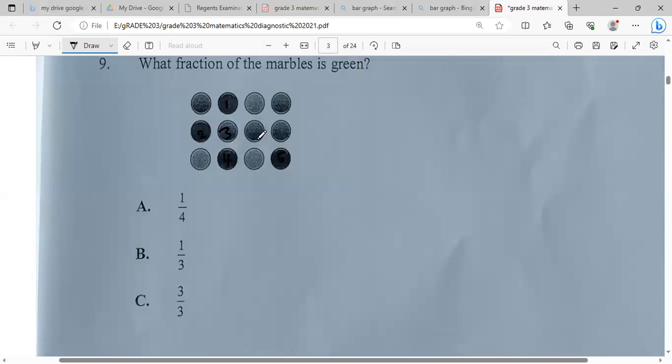For it to be a quarter, it would have been 1, 2, 3, 4, 5, 6, 7, 8, 9, 10, 11, 12 marbles, and out of those, 3 of them would have to be shaded for it to be a quarter. For it to be 1/3, 4 of them would have to be. But we can omit this one based on the fact that we don't know what colors they are.